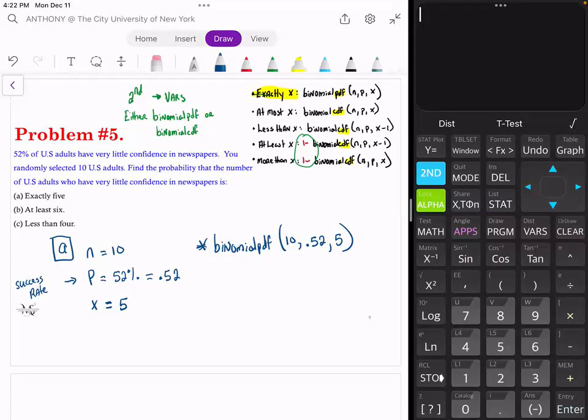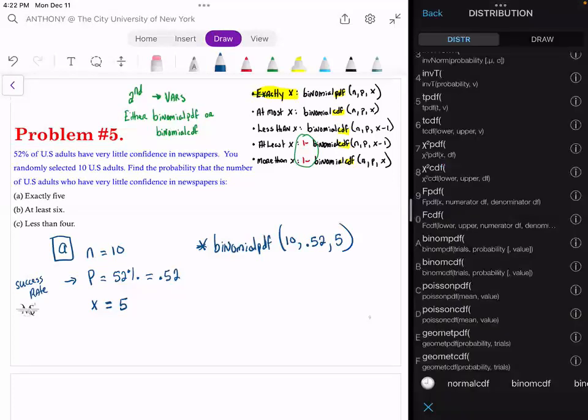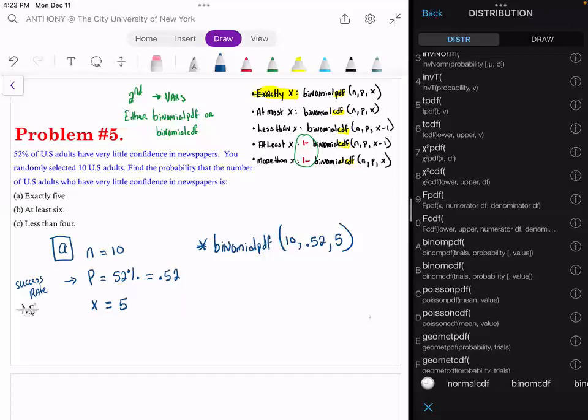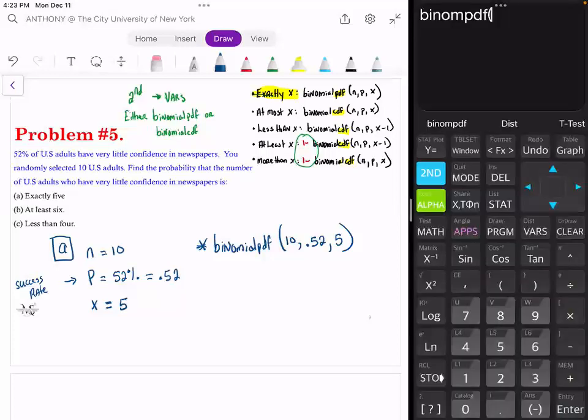So again, to get the binomial PDF command, I do second vars. Then I select binomial PDF, so that's option A underneath distribution. And I enter my values. So I have 10, comma, 0.52, comma, 5, close parentheses.